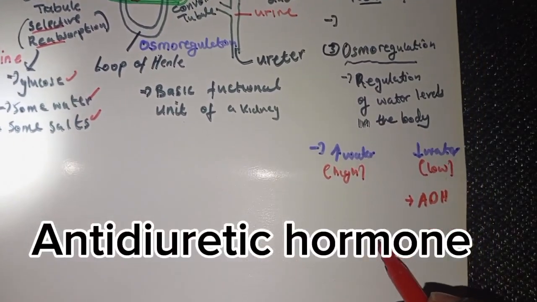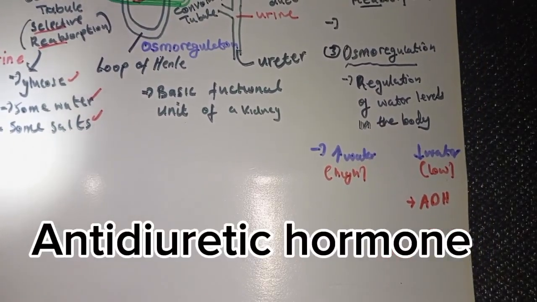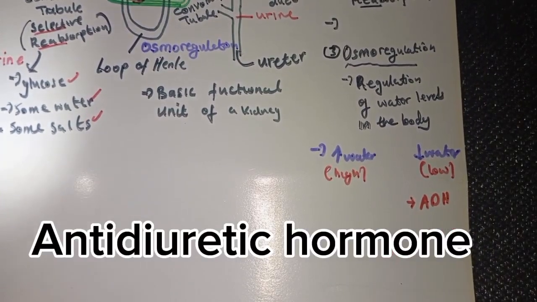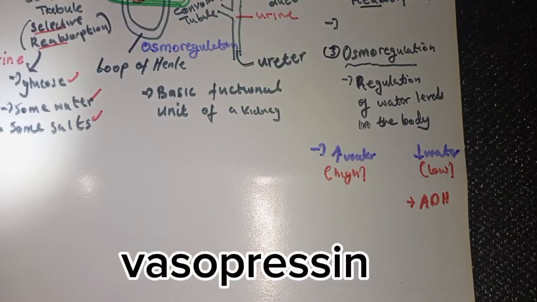Now, what does ADH simply mean? It means antidiuretic hormone. It is also known as vasopressin, and it is secreted by the pituitary gland in the brain.